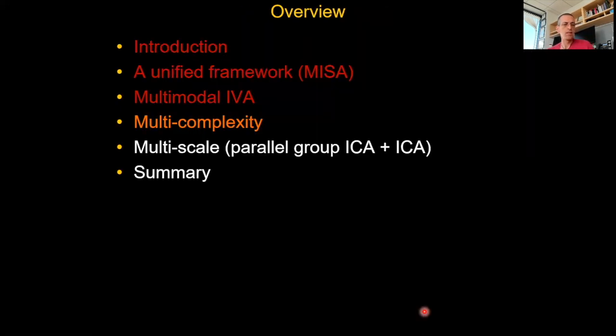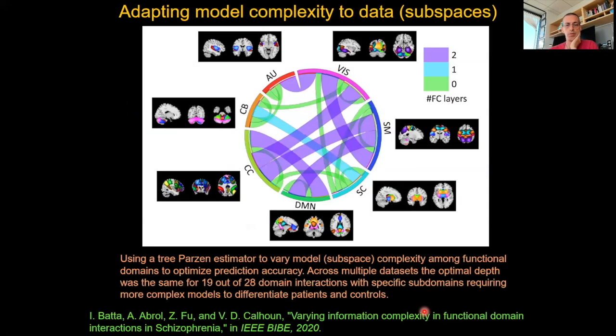So now let me transition to another type of subspace, which is the complexity of the result. What we can do is, if we look, for example, just at functional data for the moment, and we think about functional domains as modalities. So these are ICA-estimated domains. And we allow the model to evaluate the complexity that's required to maximize accuracy in a classification task.